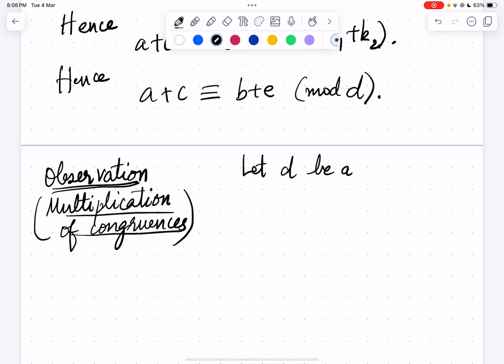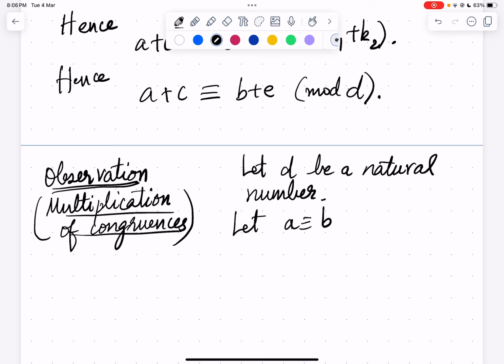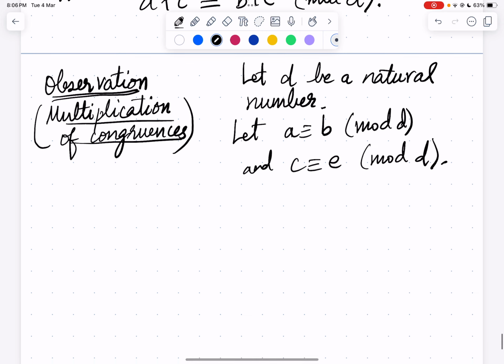Let D be a natural number. Let A be congruent to B mod D and C be congruent to E mod D. Then we have AC is congruent to BE mod D.